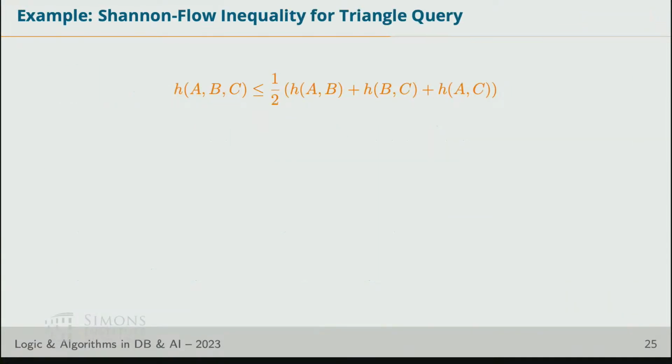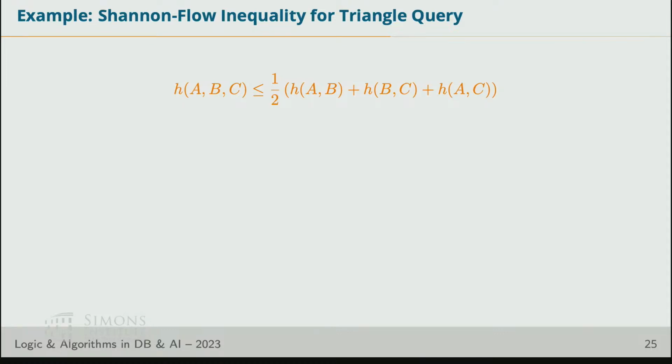As soon as you see an example, things will hopefully make more sense. So the first example of a Shannon flow inequality is the triangle example again. But in this case, we express it in the following way: h of ABC is at most half of h of AB plus h of BC plus h of AC. And this inequality holds for every polymatroid in 3 dimensions.